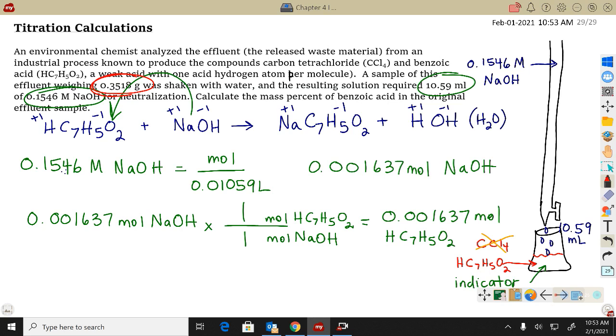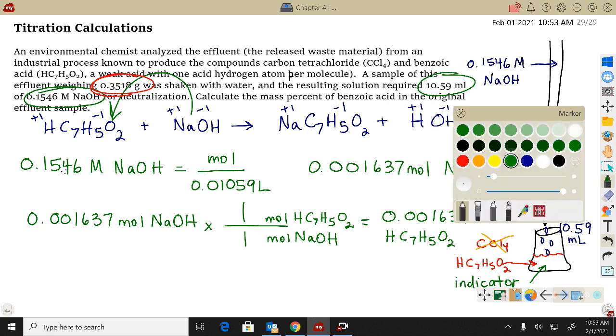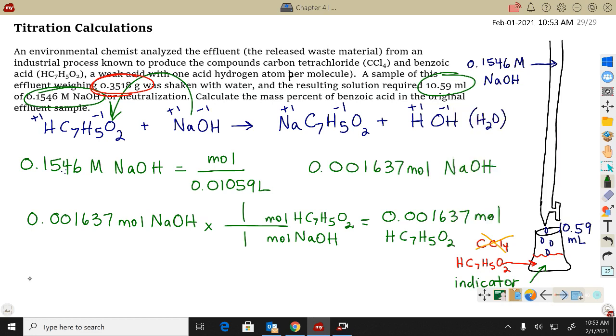But do you see what we could do now? We could do a percent composition, but if we want percent by mass, I'm going to have to go one step farther. So I would want to take this guy, 0.001637 moles, and then just switch it to grams.